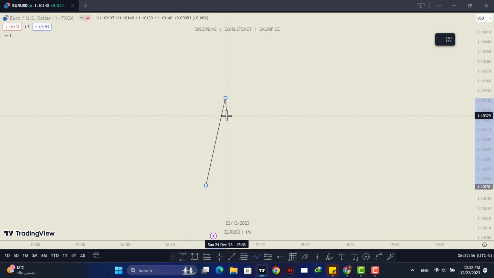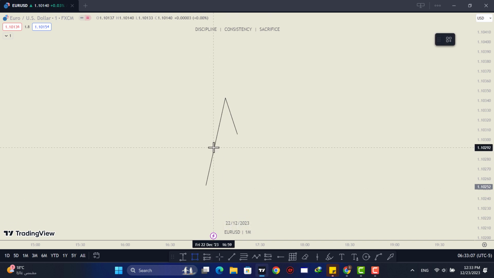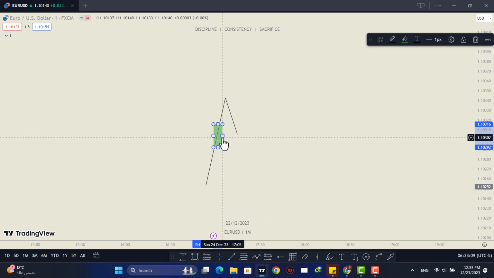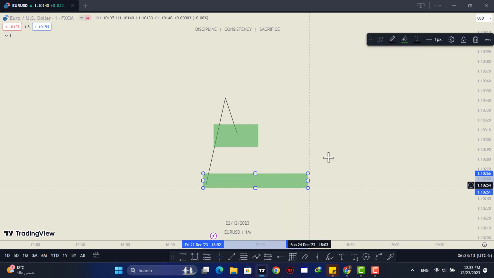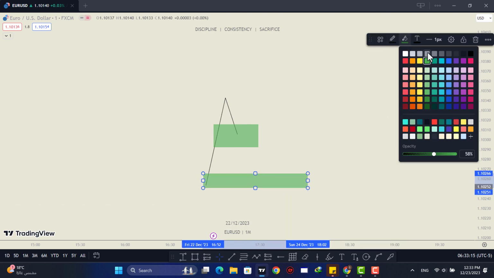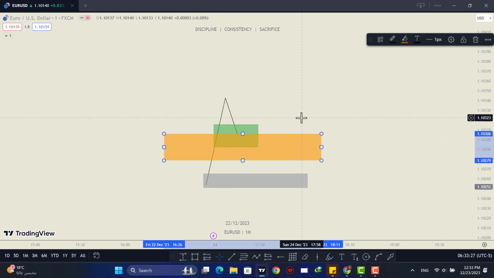And then what you want to do is take your entry once price starts retracing. So maybe a fair value gap of this leg. Or maybe it can be an order block right here on the extreme discount. Or it can be a breaker block. Or maybe the unicorn model, so a fair value gap inside a breaker block.